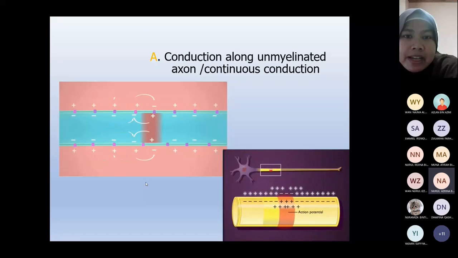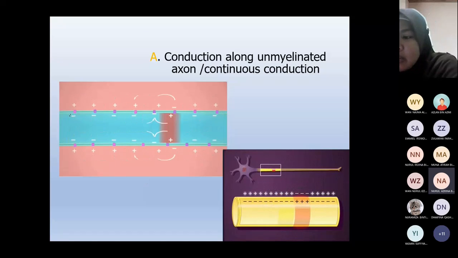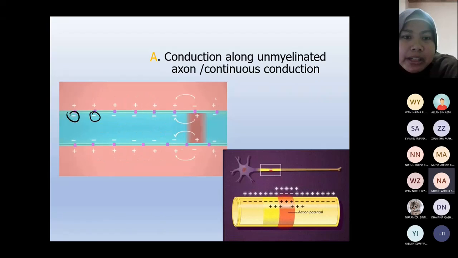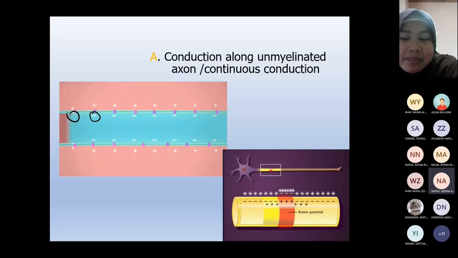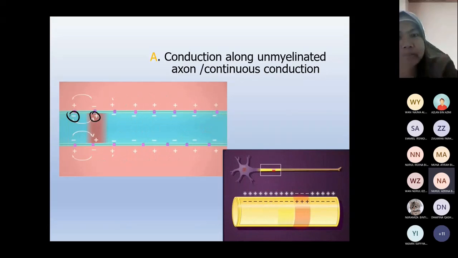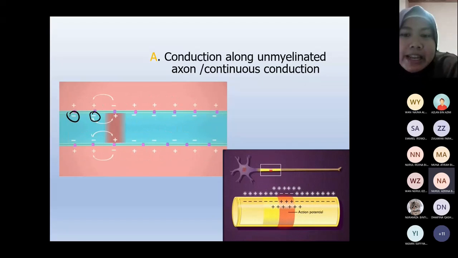It is a very fast transmission of impulse. Just look at how the inside and outside of the membrane change. When one region is undergoing depolarization, the depolarization spreads to the next region, so the previous region will then repolarize. The color you can see shows the movement of impulse, where impulse is spreading in one direction.